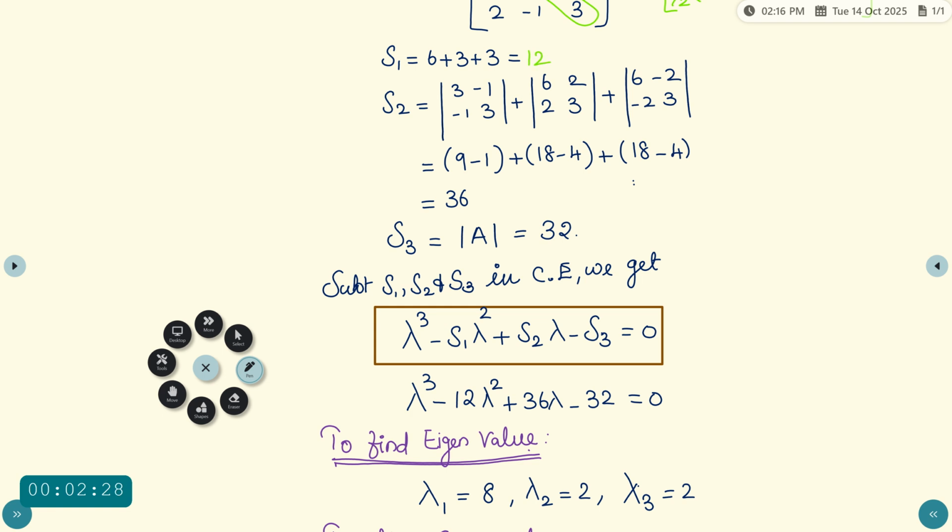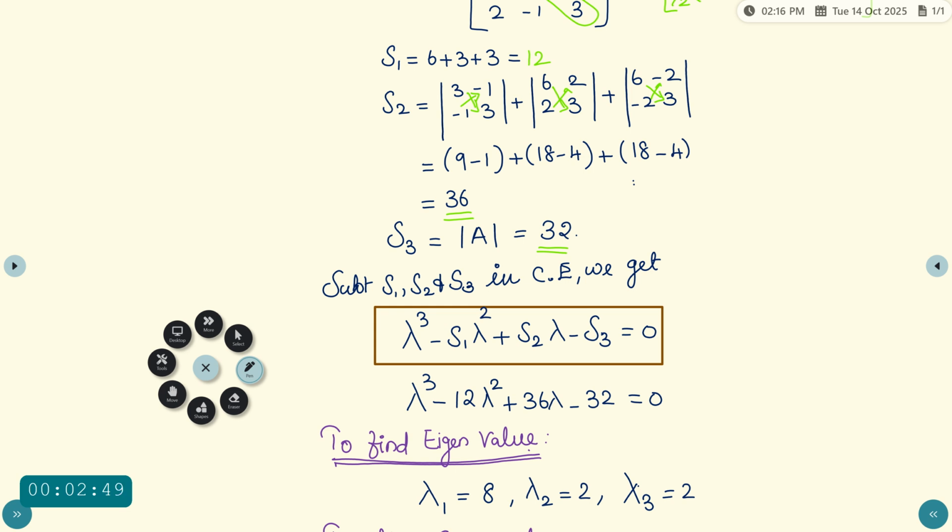And then S2, the sum of minors of main diagonals. So we cross multiply: 9 minus 1, 18 minus 4, 18 minus 4. We are getting the answer 36. Next S3 is 32. You can easily calculate determinant of A in your calculator using matrix mode.